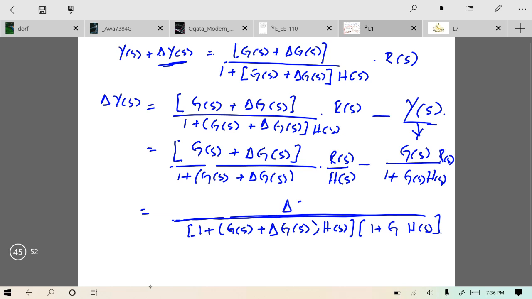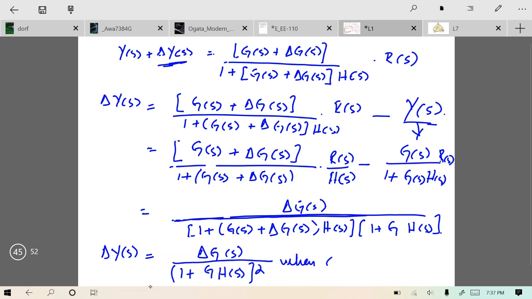So in the numerator I will only have delta g of s. So I have the expression for delta y of s as delta g of s over 1 plus g into h of s whole square, when g h of s is very much greater than delta g h of s.